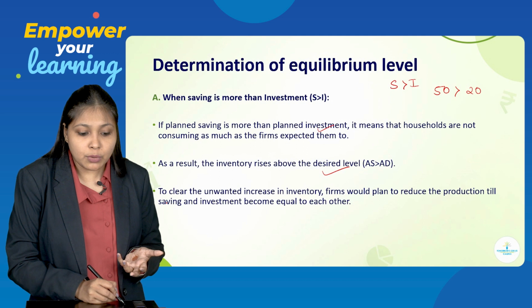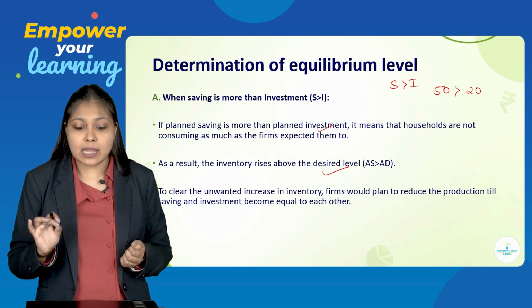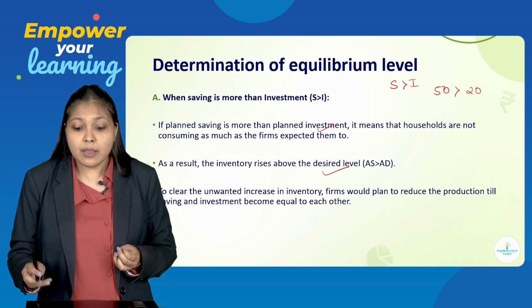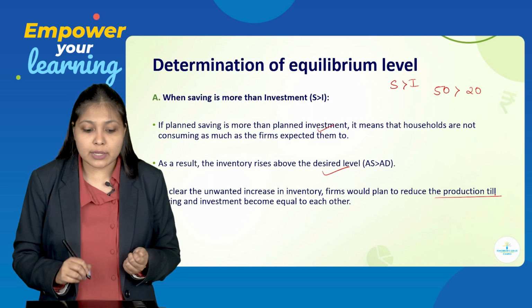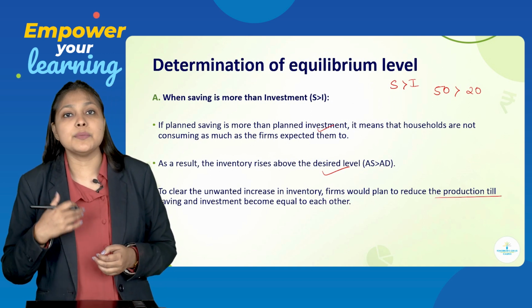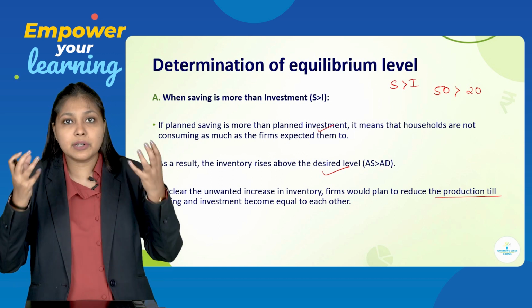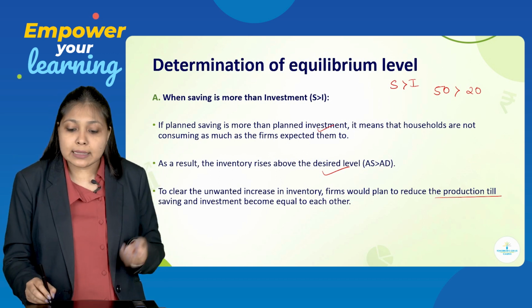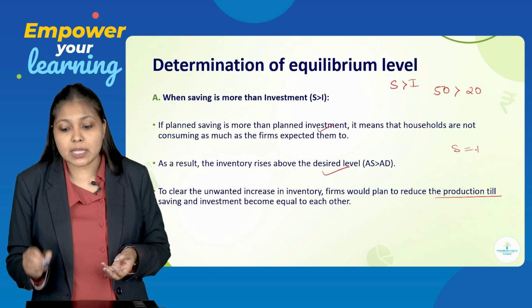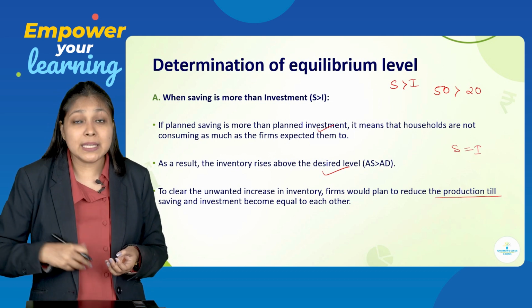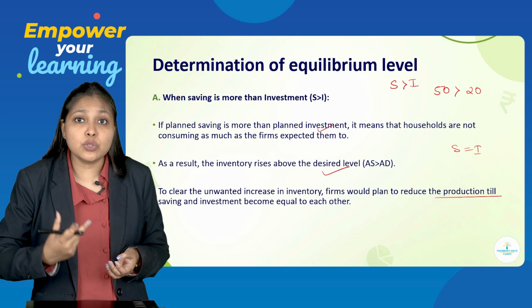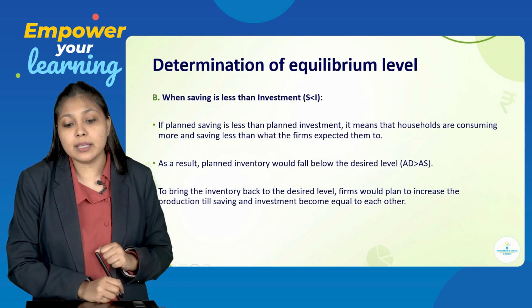In order to clear this unwanted stock, the firm would plan to reduce production till saving and investment become equal to each other. So, the firm will reduce its production until my S becomes equal to I. That means consumers again start consuming more in the economy.